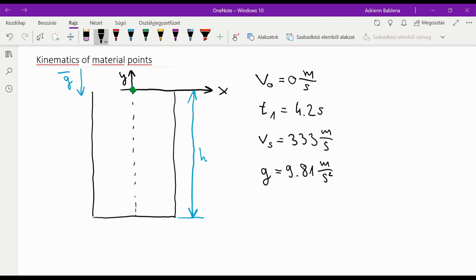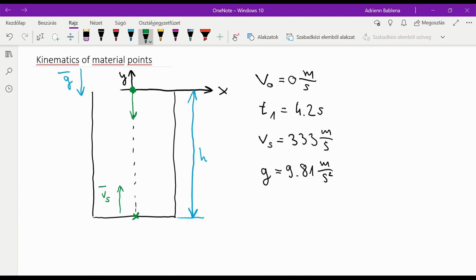So our material point, it's for example a small stone, and we can calculate with it as a material point. So our material point falls down, reaches the bottom of the hole, and the sound comes back with a Vs velocity.